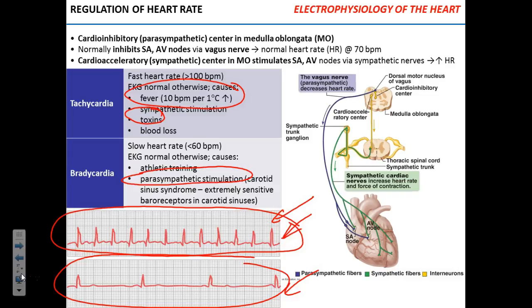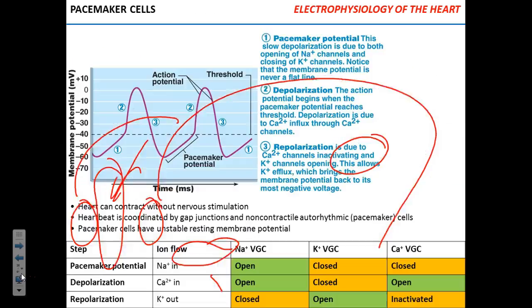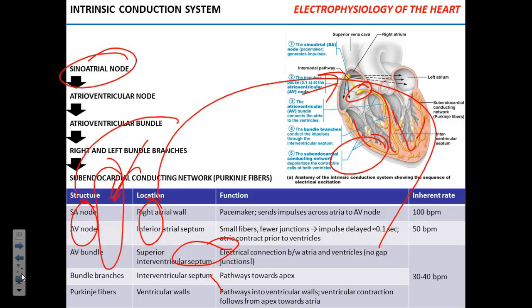Generally speaking, if we talk about controlling the heart rate, the parasympathetic system controls. Okay? It keeps your heart rate at 70. Remember this table with inherent rates over here? The SA node has an inherent rate of 100 beats per minute.